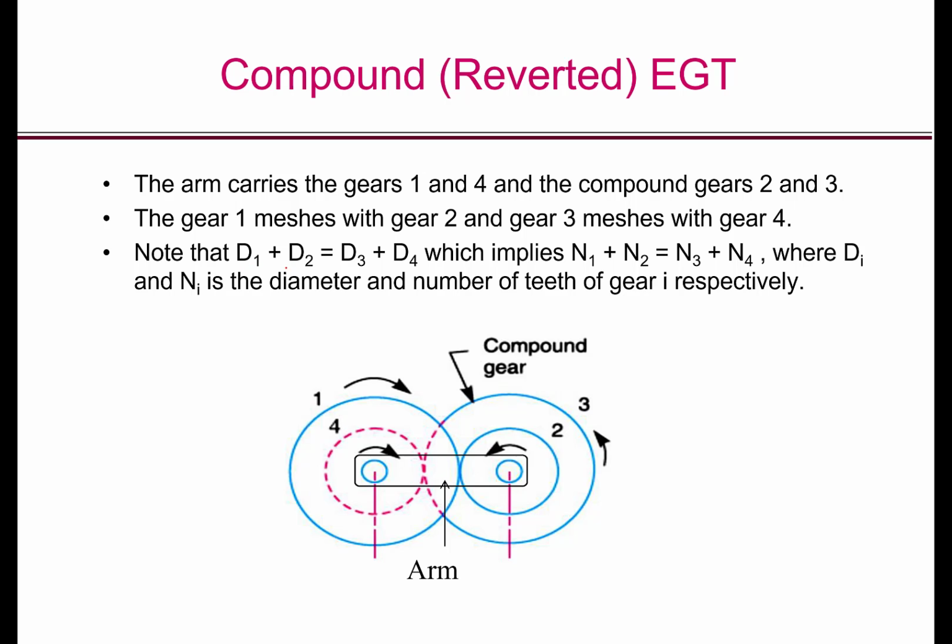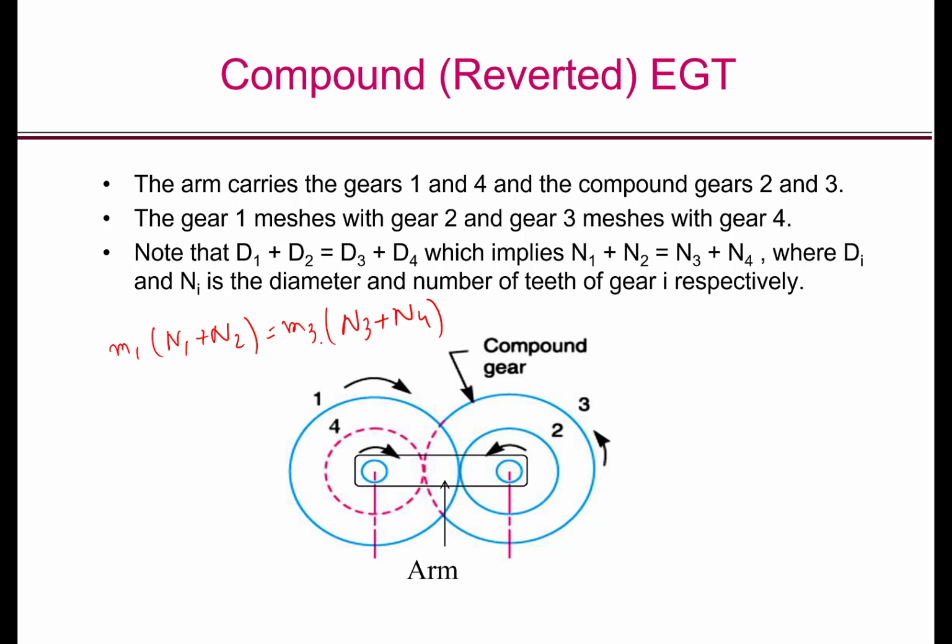Therefore, we have D1 plus D2 is equal to D3 plus D4. This implies that M1 times N1 plus N2 equal to M3 times N3 plus N4, where M1 is the module of gear 1 and 2 and M3 is the module of gear 3 and 4.